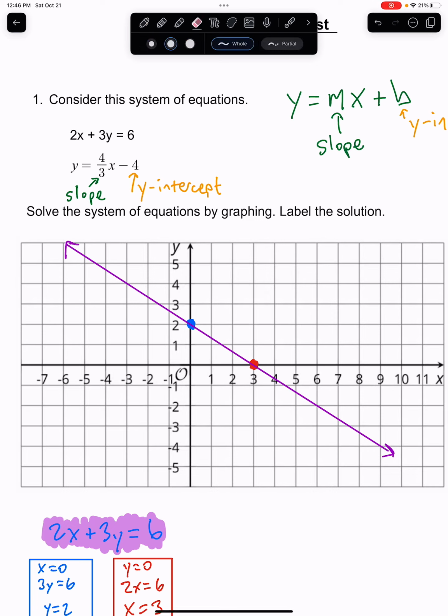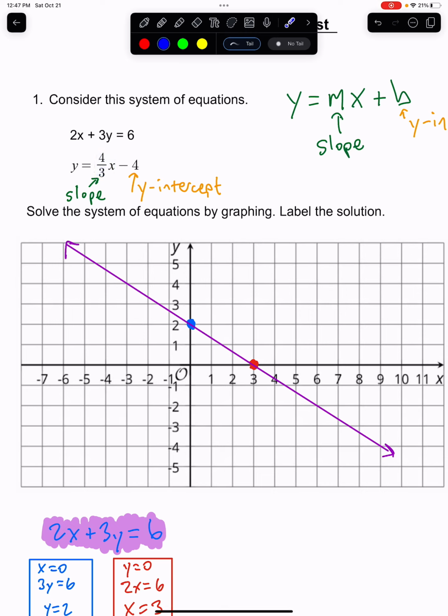Why is the constant value the y-intercept? Because when x is 0, all you got left is that number right there. This goes away when x equals 0. So we can easily find our y-intercept with this slope-intercept form. We know that it's whatever the number is, because when x is 0, that's all that's left. Y is just -4 when x equals 0.